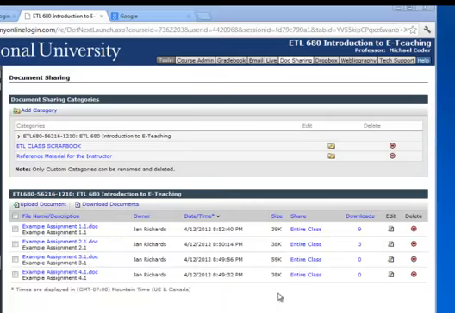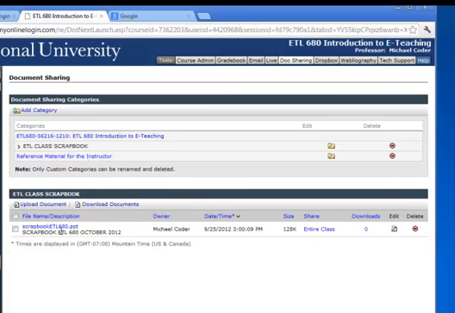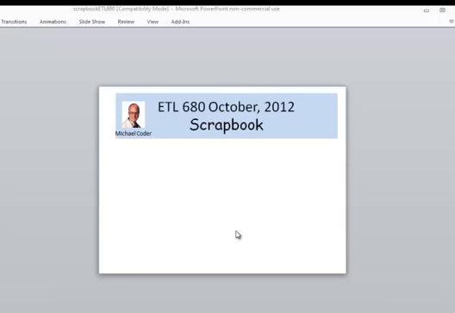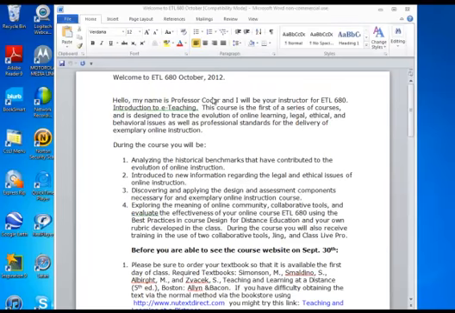I've also added a class scrapbook that was part of that meet and greet, and here it is in the doc sharing. When they select that, they'll go to the PowerPoint, which will open up, and they can add their information to it. So it looks like this, and they can add the information in here, and then that'll become a discussion item later on.